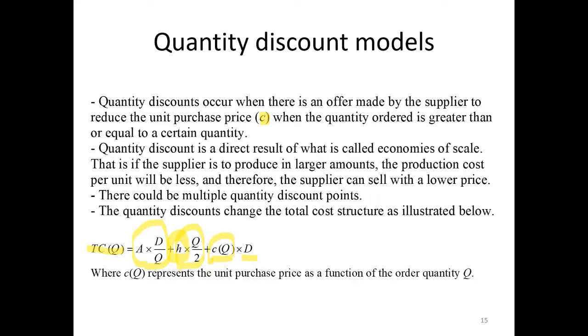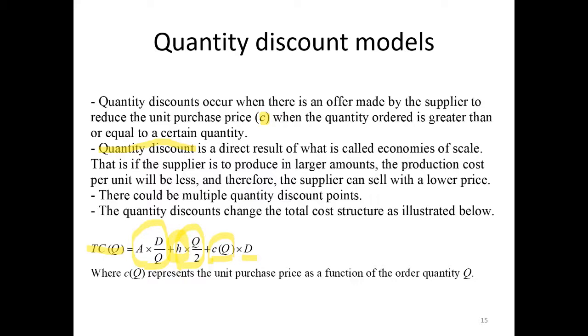Quantity discounts are very common in different businesses, and they are related to something called economies of scale. That's if the supplier would like to increase the production amount, the supplier might go for a more automated manufacturing process.